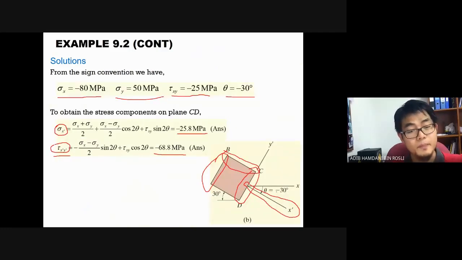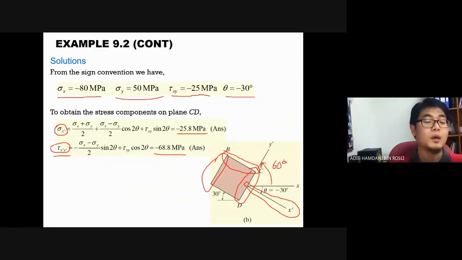Why? Can you see that? This x prime and y prime is 90 degrees, so x prime to x is 30. So x axis to y prime axis should be 60, which means this angle you rotate as positive 60. Why positive?